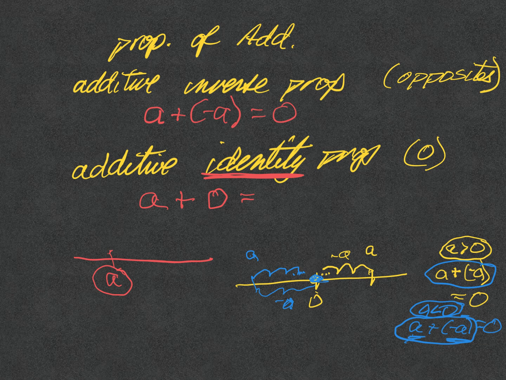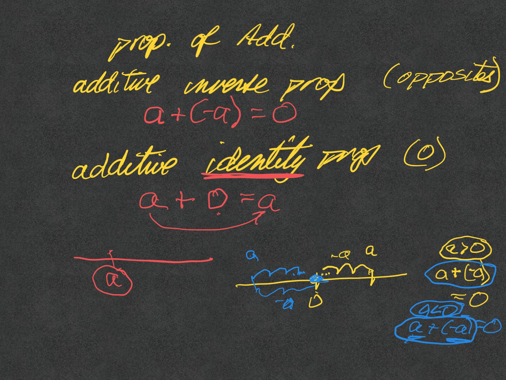That's it. I'm still there. And so the identity is preserved if I add 0. That's why it's called the additive identity property. Okay? So a number and its opposite, they are called additive inverses. The identity is the number 0 for addition.